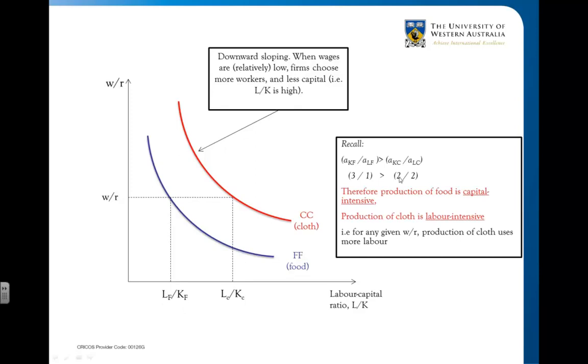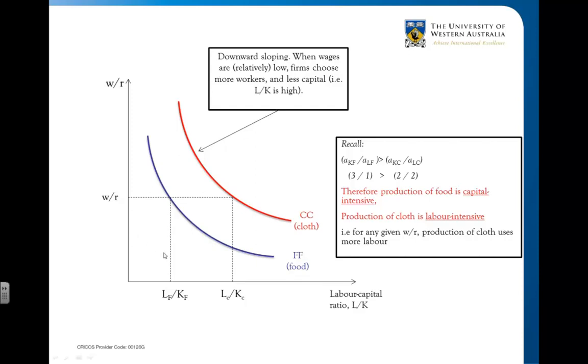Remember, I'm going to use the same example as in the previous video, that the production of food was capital intensive, and therefore by definition the production of cloth was labour intensive. So for any given relative wage rate, that labour to capital ratio for cloth is going to be higher. Cloth simply uses more labour at each and every relative factor price ratio. So that makes sense.